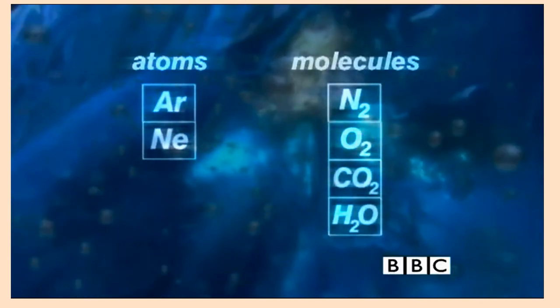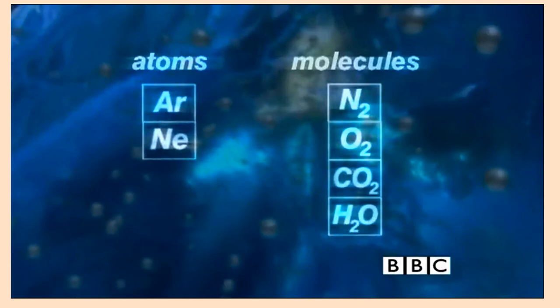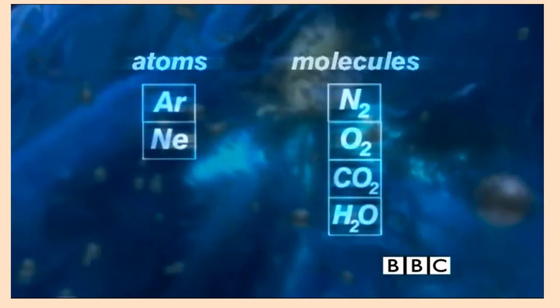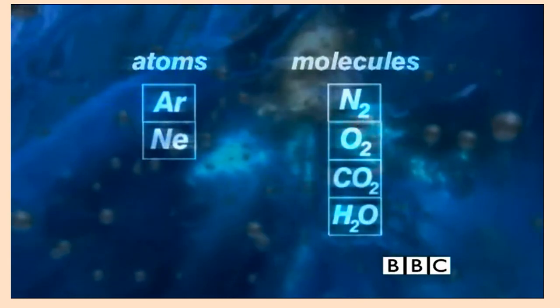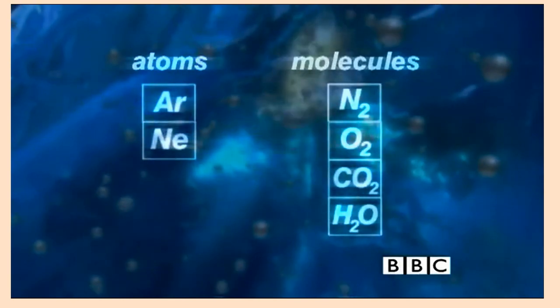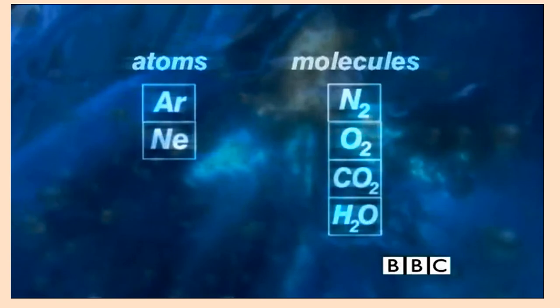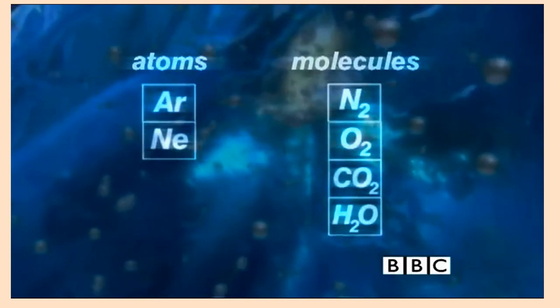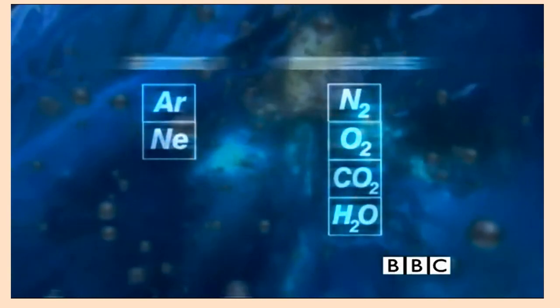Argon and neon on the left exist as single atoms, whilst the other gases are molecules of more than one atom. But these atoms and molecules, as we've seen, can also be classified as elements and compounds.